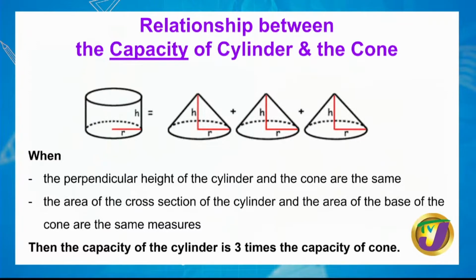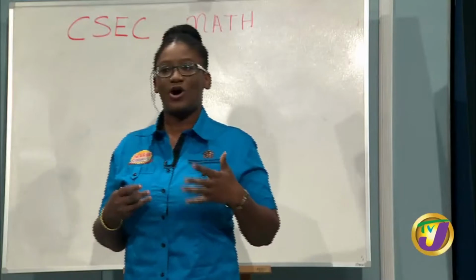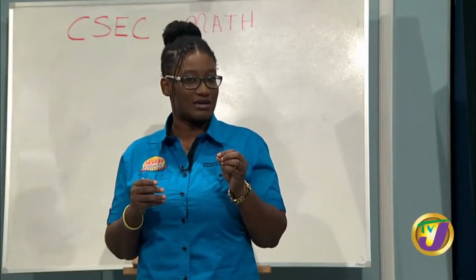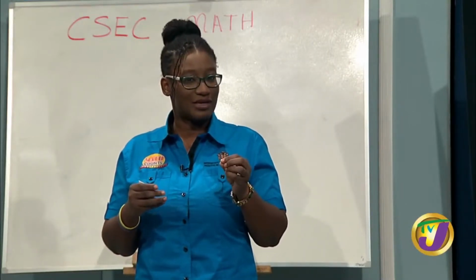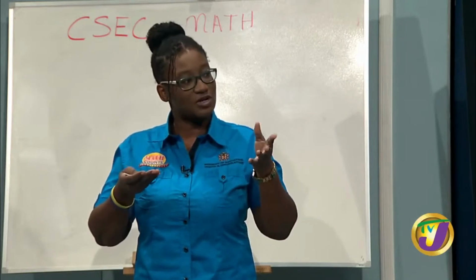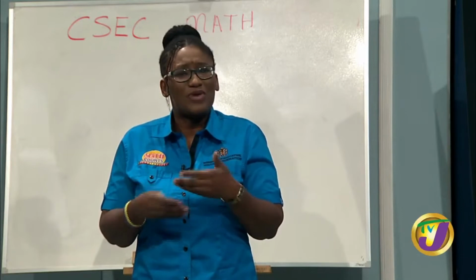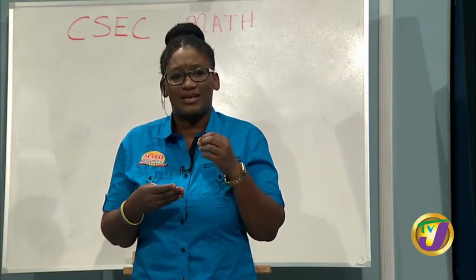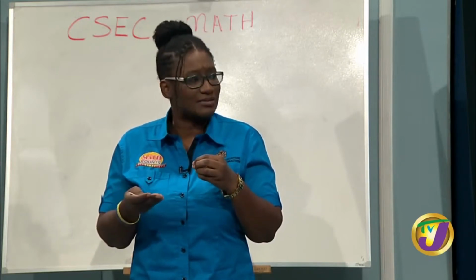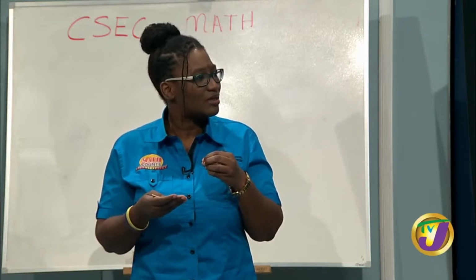There you go. So what I want to know, because the focus of today's lesson is really not on the cylinder, is how do I use this information to figure out the capacity or the volume of a cone, full to capacity? All right, let's start with what we know.